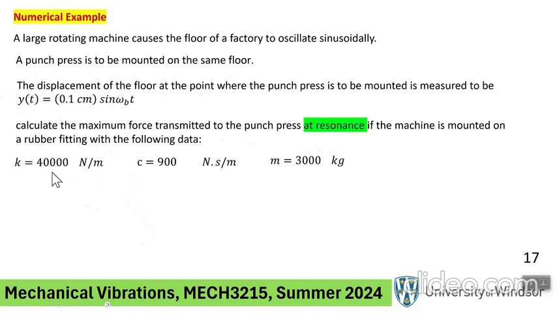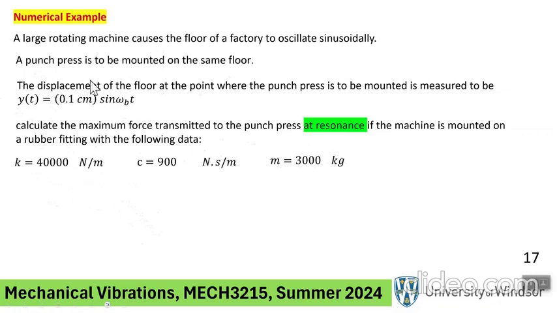So what do we know? This is the data that's given to us. This is the mass of the punch press. These are the assumptions that we are making about the foundation on which this punch press sits.